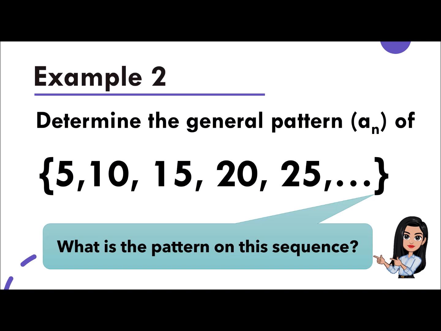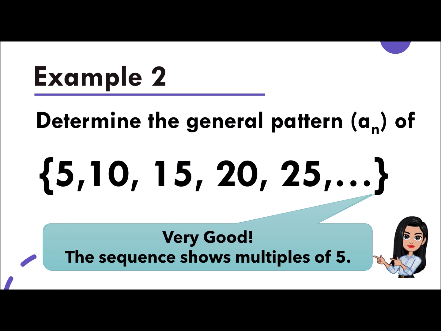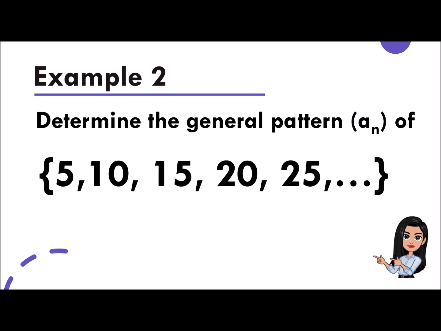Very good. The sequence shows multiples of 5, or simply 5 times 1, which is 5, 5 times 2, which is 10, 5 times 3 is 15, and so on. That gives us the general pattern a sub n is equal to 5n. Okay? Is that clear?